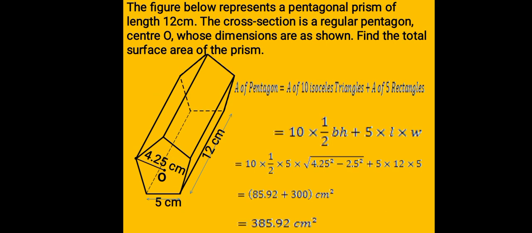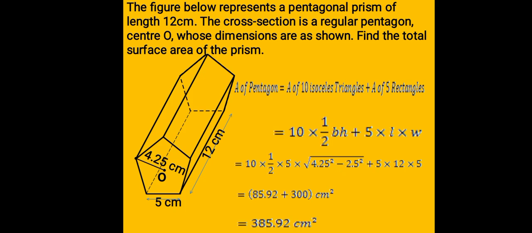The figure below represents a pentagonal prism of length 12 centimeters. The cross section is a regular pentagon, center O, whose dimensions are shown below. Find the total surface area of the prism.